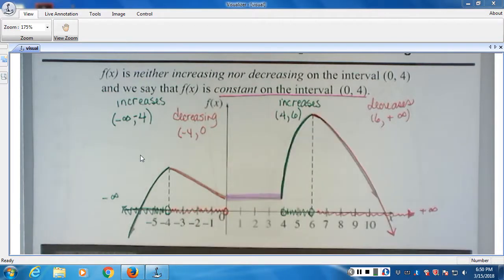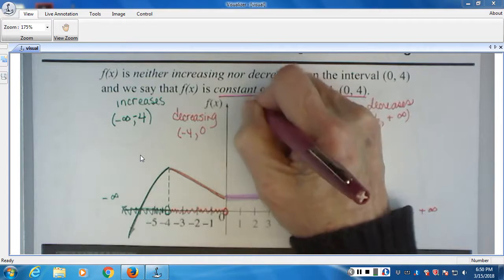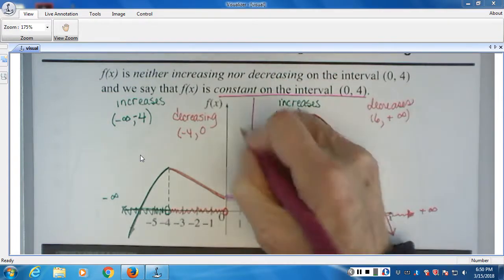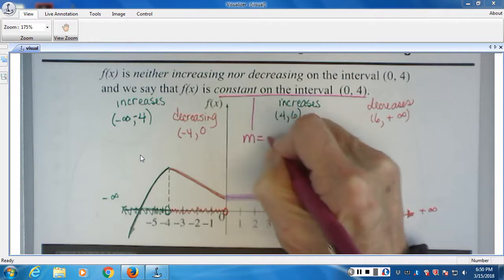And in fact, when the value of the function is constant, in other words, it doesn't change at all, doesn't go up, doesn't go down, then this is equivalent to saying that not only is it constant on that interval, but its slope on that interval is actually equal to 0.